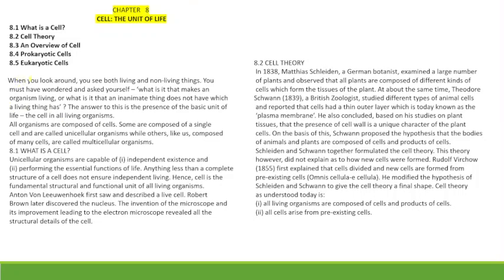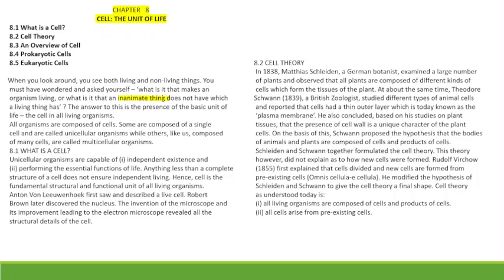So here, when you look around, you see both living and non-living things, right? So you must have wondered and asked yourself, what is it that makes an organism living, or what is it that an inanimate thing does not have which a living thing has?